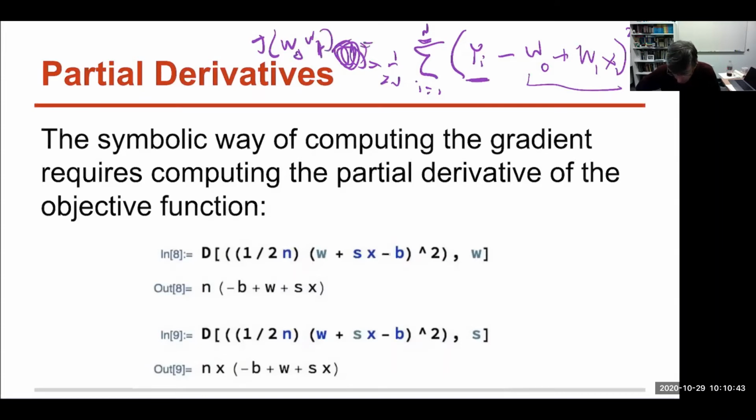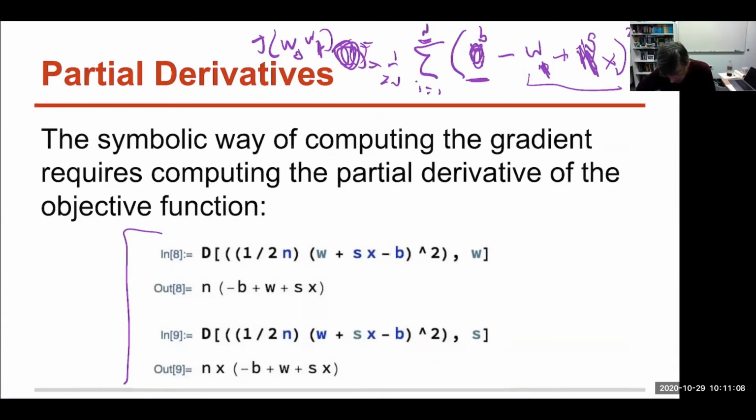Now, in this particular example, what are the partial derivatives of this? Because I want to use Mathematica, w is going to be the intercept, s is going to be the slope, and b is going to be the y value.